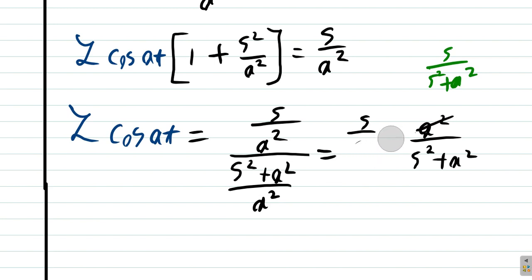This a squared and this a squared cancel each other. So what we have is s over s squared plus a squared. So here we have derived the Laplace transform of cosine at.